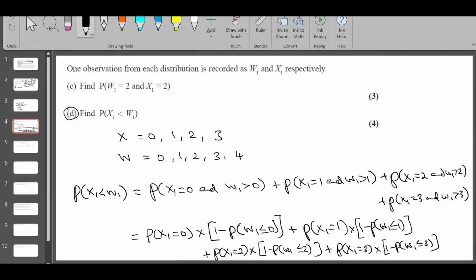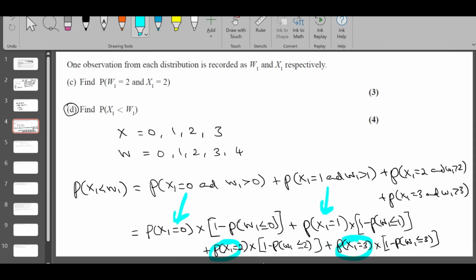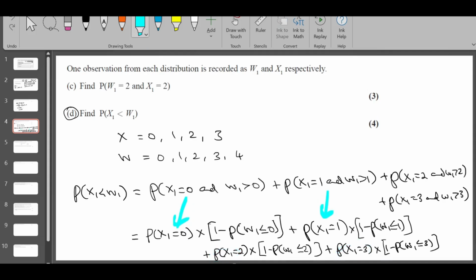We need to find these probabilities. Good that we have calculated these values in part A. All the 4 probabilities, we can make use of them here.